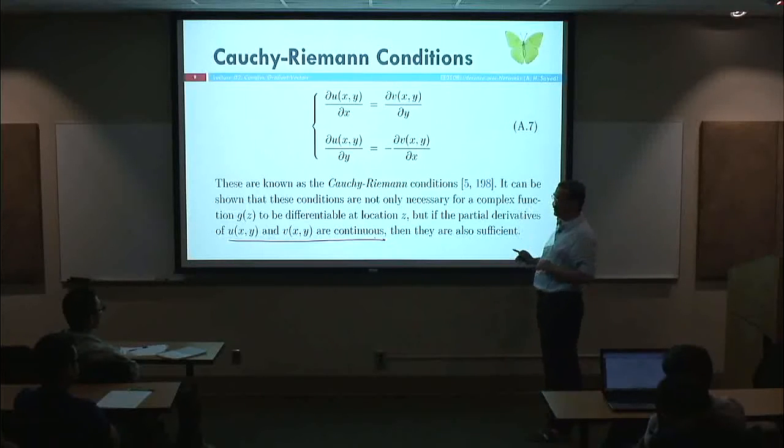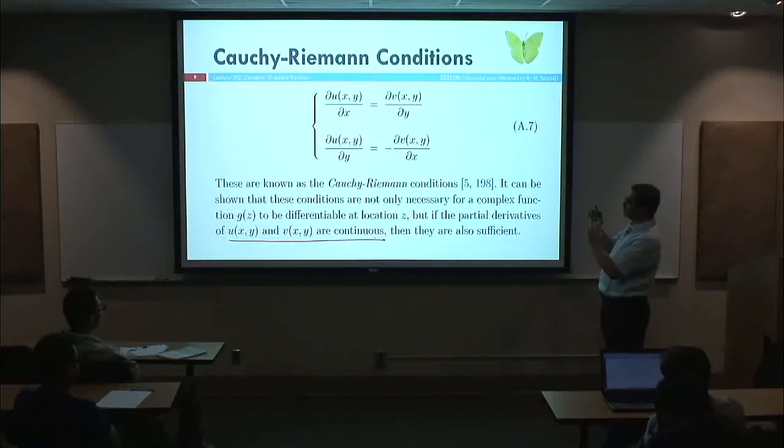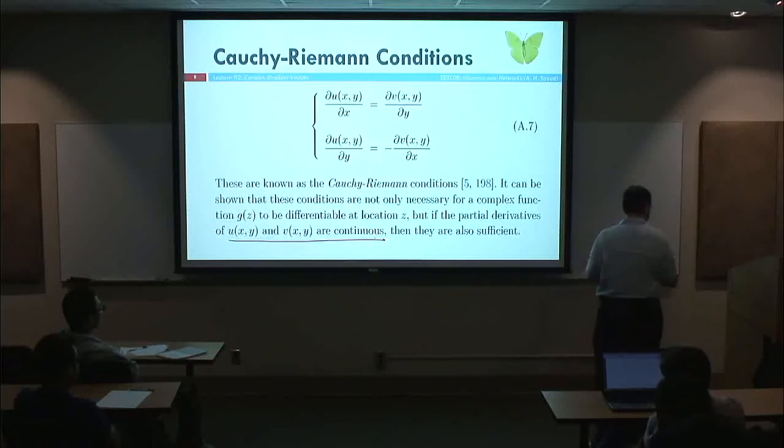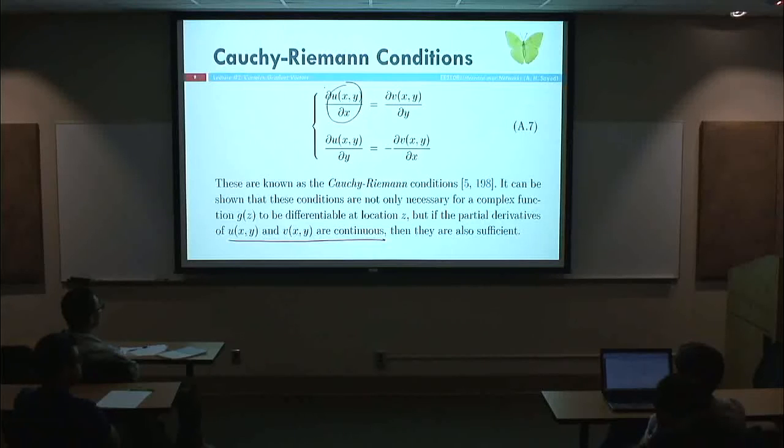It will be satisfied in most of our cases. Okay, that these conditions need to hold for the complex derivative to exist. Fine. Okay, so let's take an example. Okay, remember, the partial derivative of the real component relative to x, the imaginary component relative to y. Right? And then you switch, right?